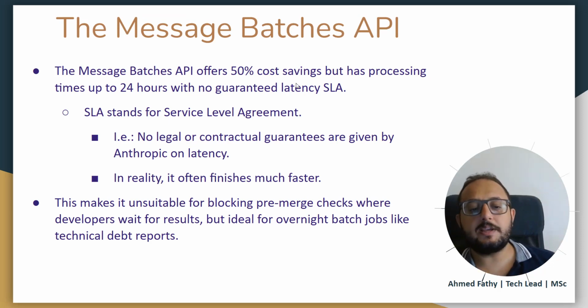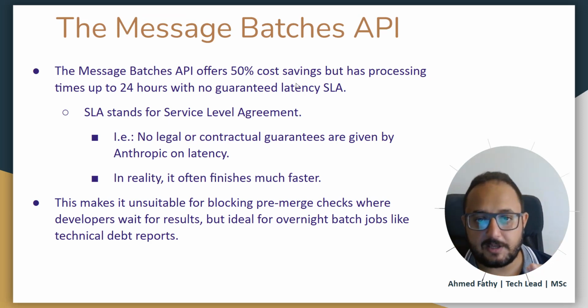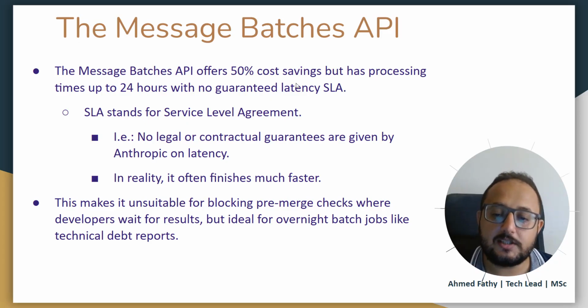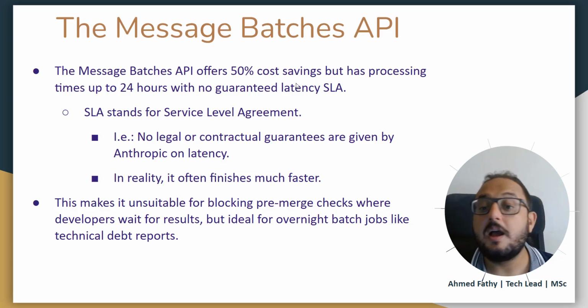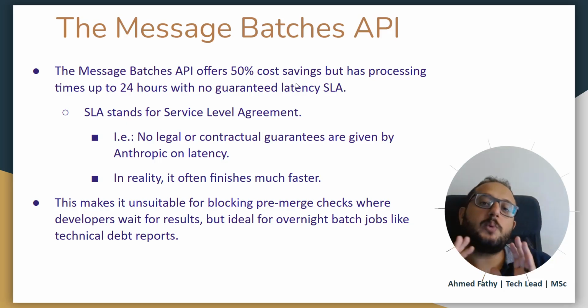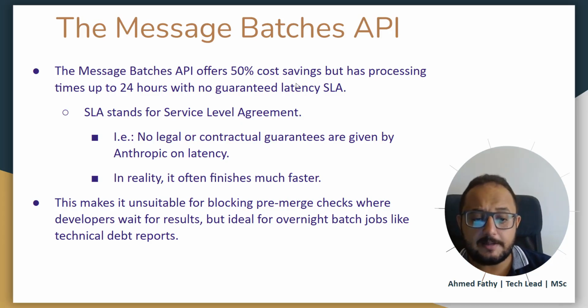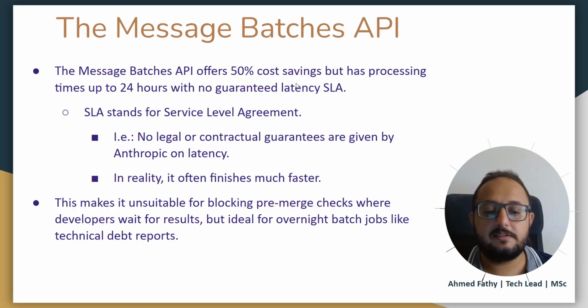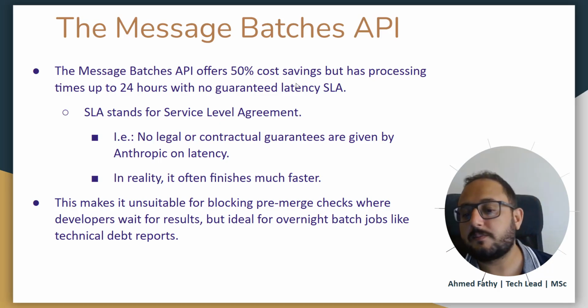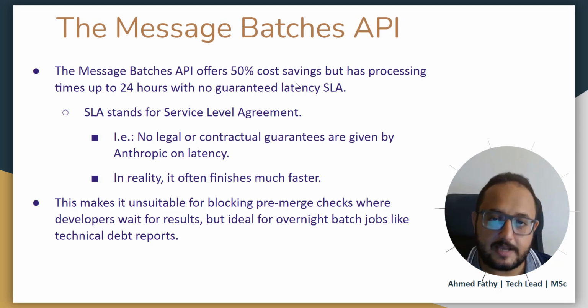Okay, so Anthropic actually gives you a new API called the Message Batches API, and the Message Batches API offers 50% cost savings, but has processing times up to 24 hours with no guaranteed latency SLA, where SLA stands for Service Level Agreement, which means there are no legal or contractual guarantees given by Anthropic on latency at all. In reality, it often finishes much faster.